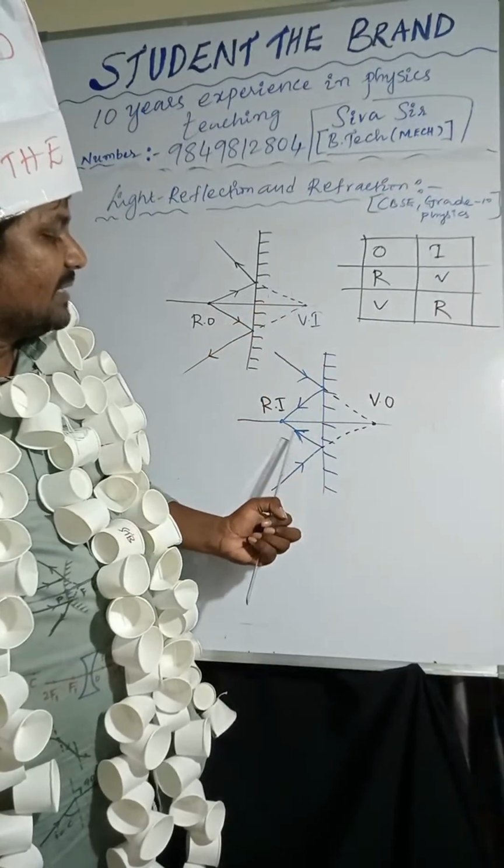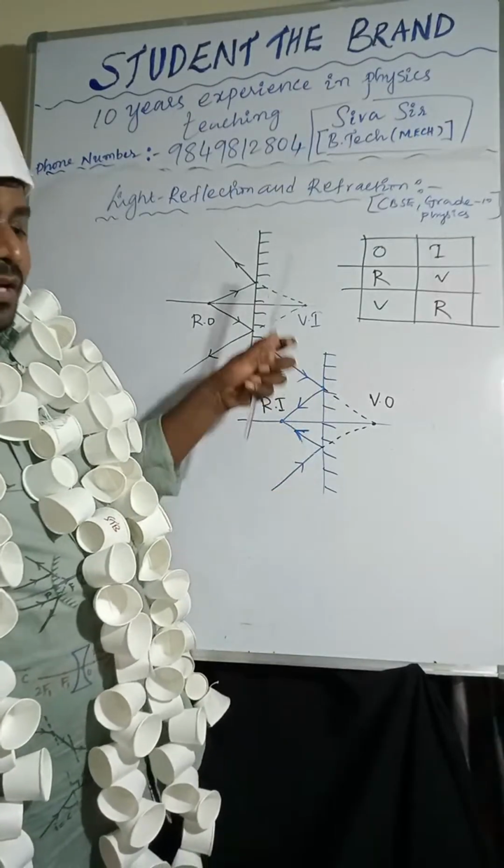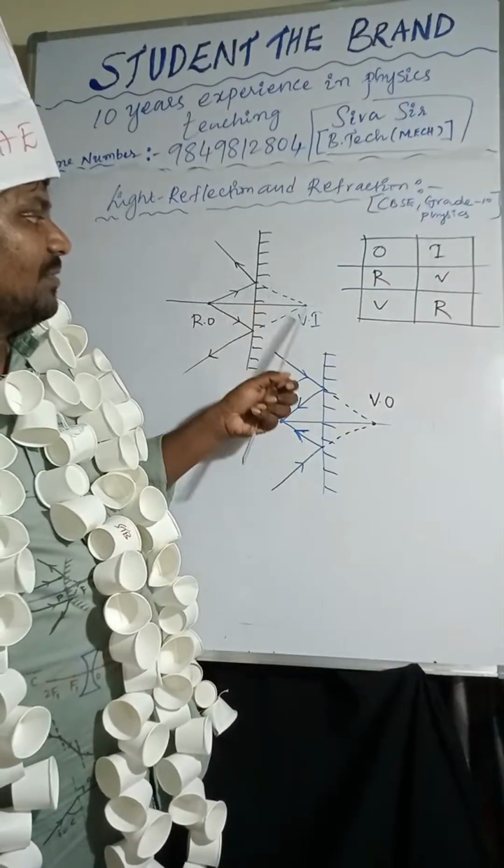Directly reflected light rays meeting is a real image. So if you are extending the reflected light rays, that is a virtual image.